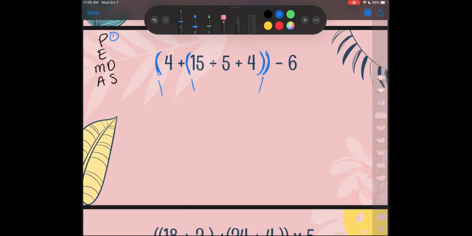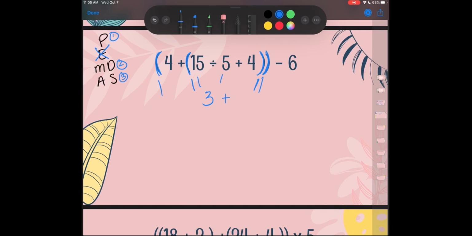So when I'm doing my innermost parentheses, my 15 divided by 5 plus 4, I still have to follow order of operations, right? So inside those parentheses, I'm going to do my multiplication and division first before I do my addition and subtraction, right? So I'm going to do my 15 divided by 5 first. Well, 15 divided by 5 is 3, right? And then I'm going to do 3 plus 4.